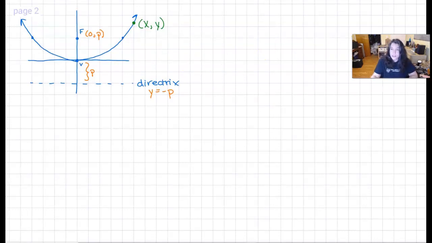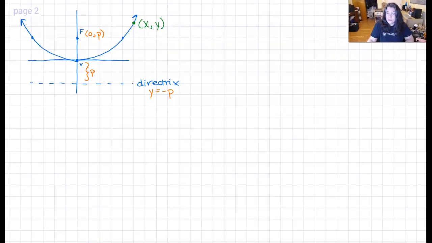By definition, we know that the distance from F to that point will be the same thing as the distance from that point to the directrix. I'm going to call that point P, (x, y).